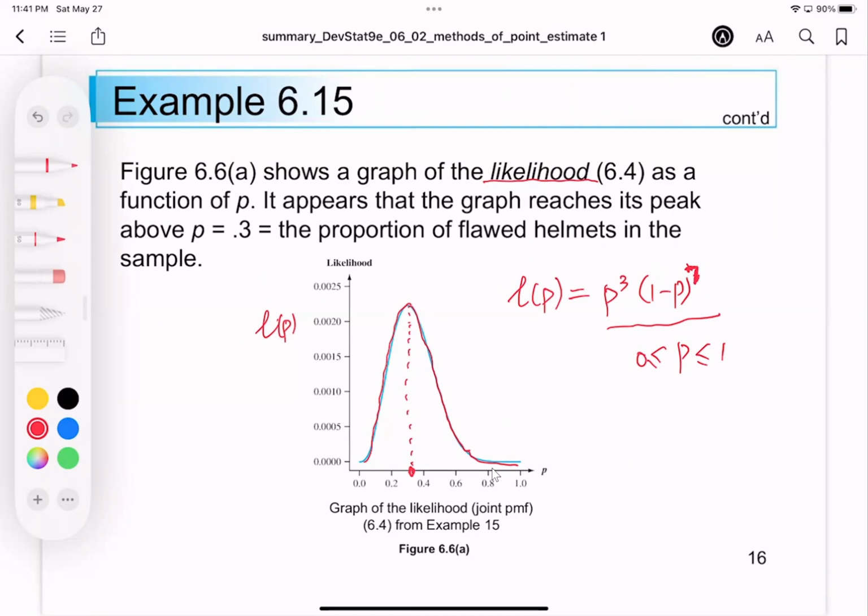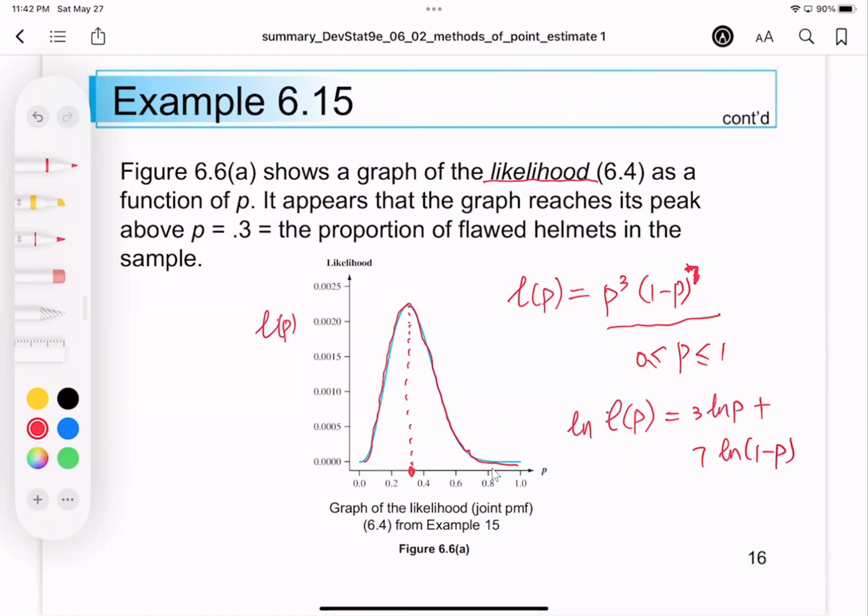So for this one, if we take the log transform, the natural log with base e, the log of this one is 3 times the log of p, plus 7 times the log of (1 minus p). Once we convert it with the log transform, this function would be much easier to maximize.